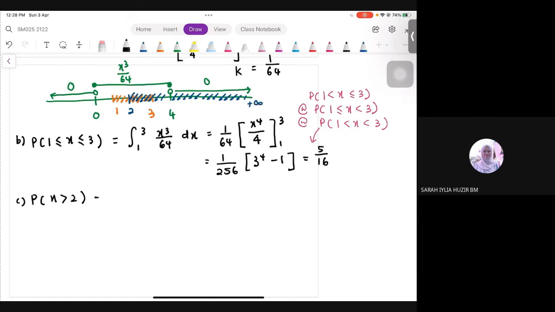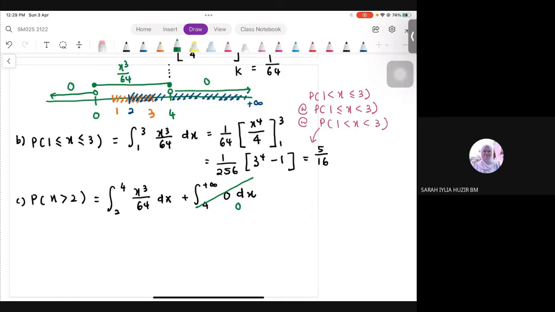So if I want to integrate, this is actually from 2 up to 4. I stop at 4 because that's the bounded region for x cubed over 64 dx. And then if we go on from 4 up to positive infinity, our function is basically 0. And we know because the function is 0, so the region also will be 0.